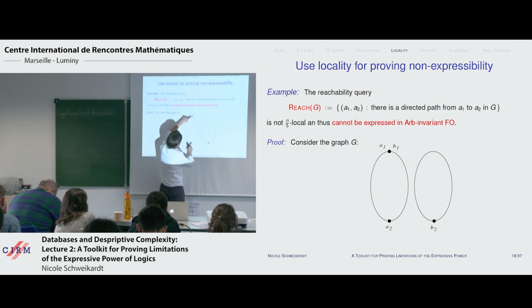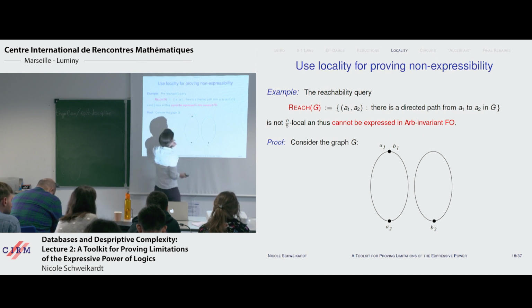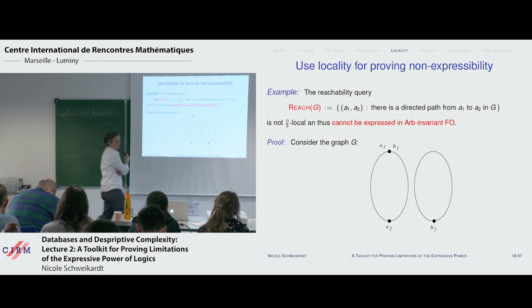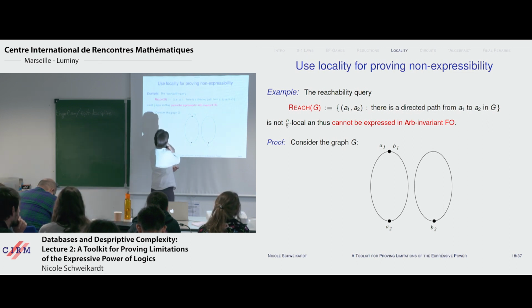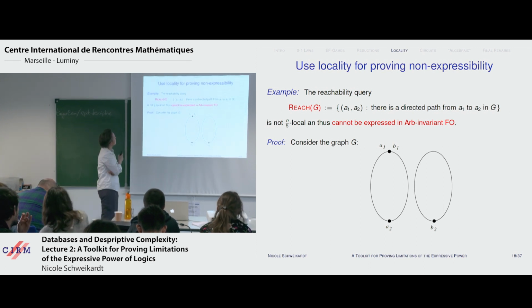And if instead you take this node and that node, their local neighborhood looks just the same, but this tuple is in the query result and that tuple is not. So this query here is not n/5 local. This 5 here could also be improved a bit, but it's not n/5 local.